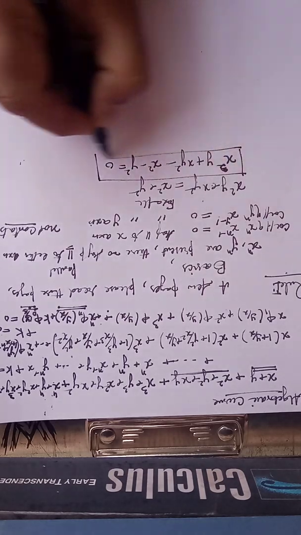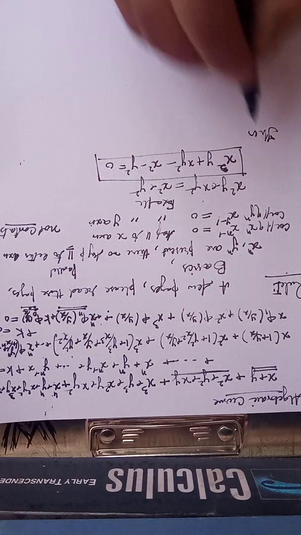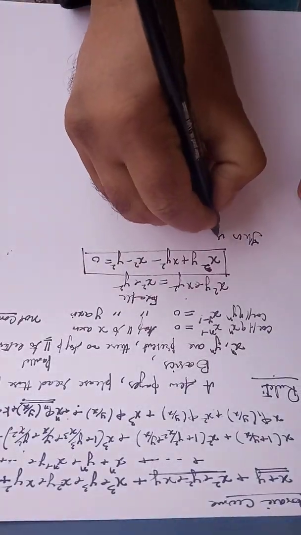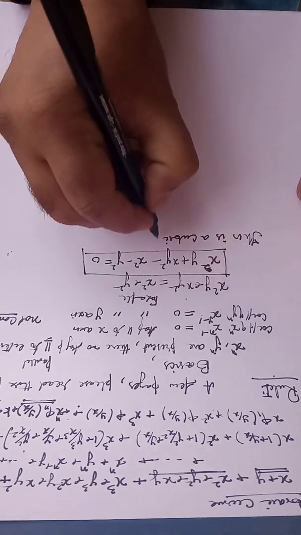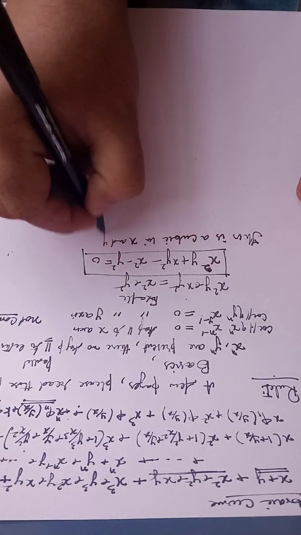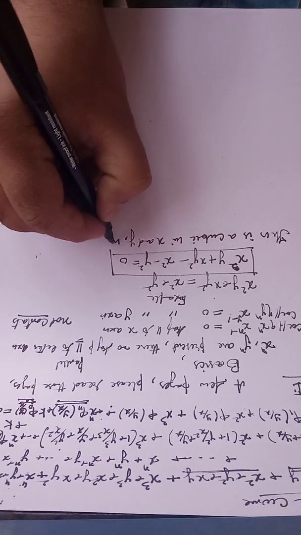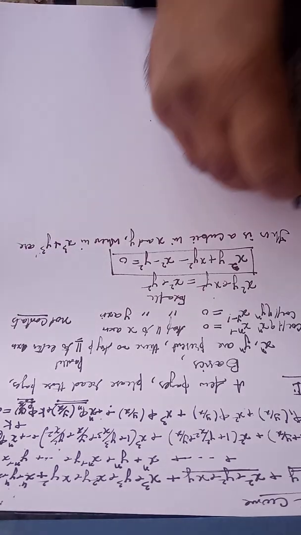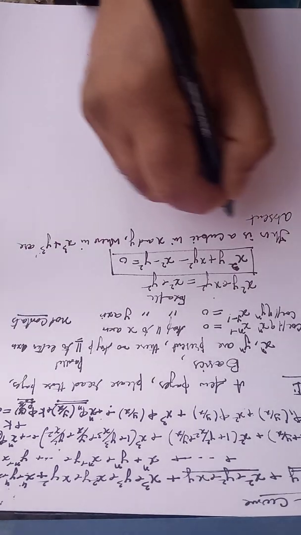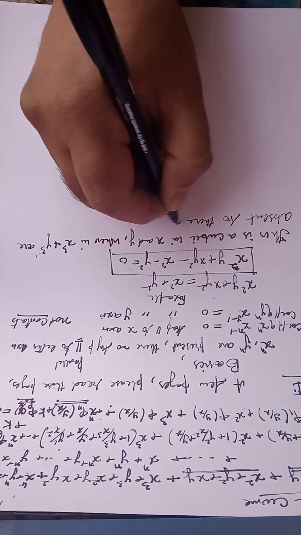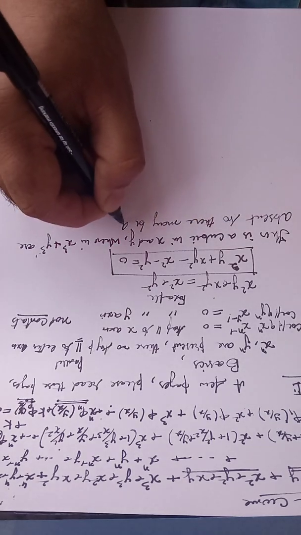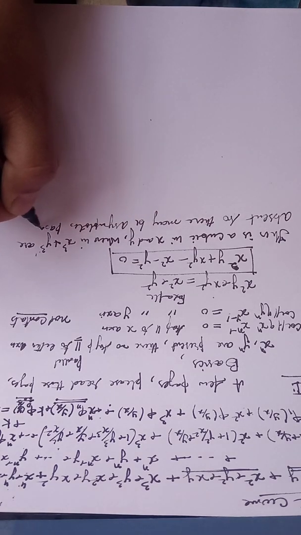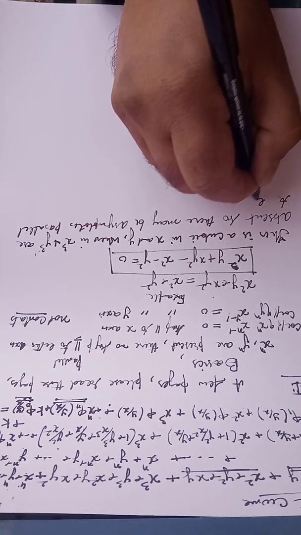This is a cubic in x and y, wherein x cube and y cube are absent. So there may be asymptotes parallel to either axis.